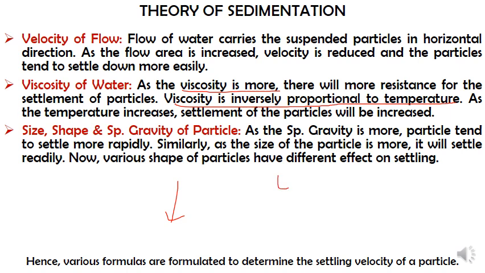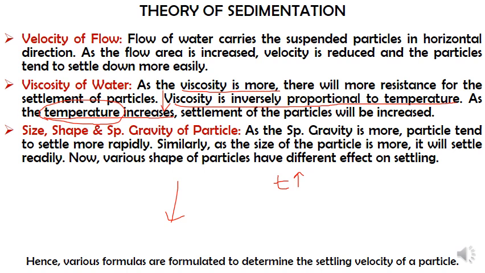When the temperature is more, your viscosity will be less, and when the viscosity is less, your particle will tend to settle down at a much faster rate. But unfortunately, in a practical scenario, temperature cannot be maintained or controlled. So this is one of the factors, but it cannot be controlled in the treatment unit.